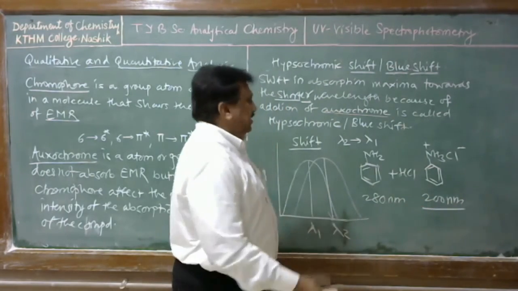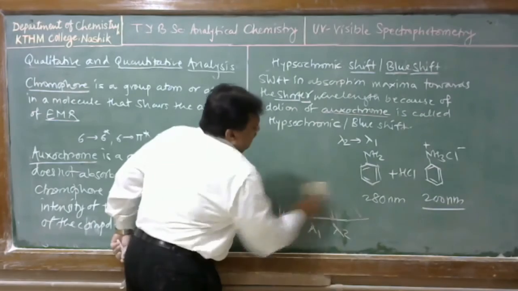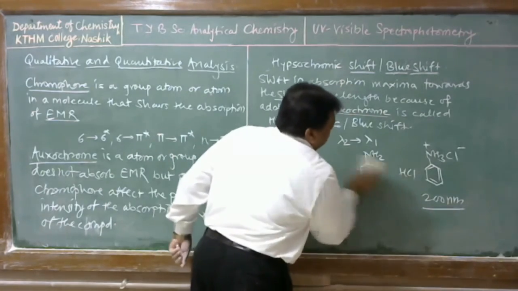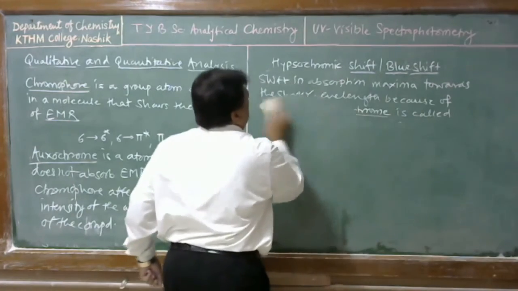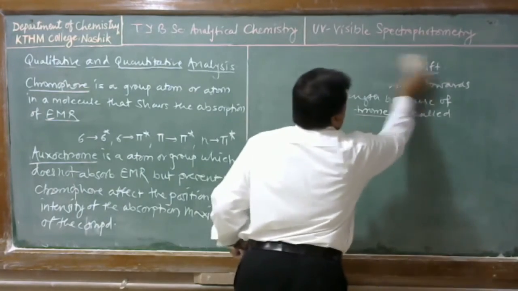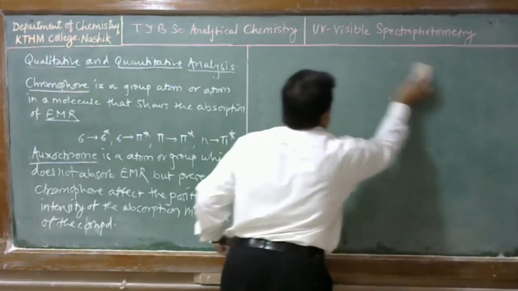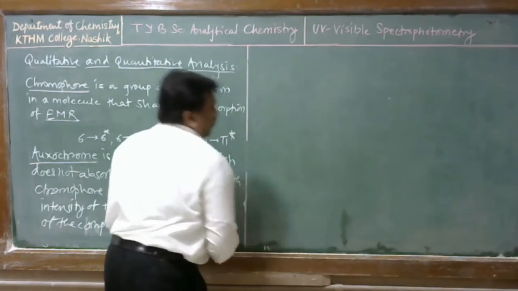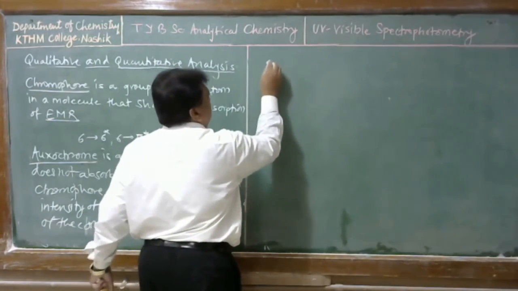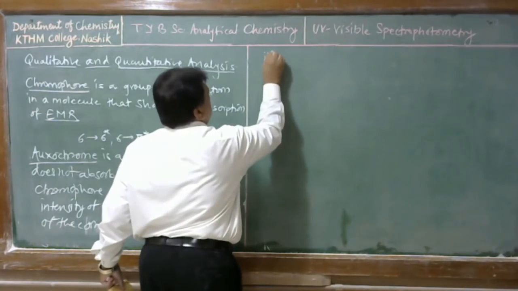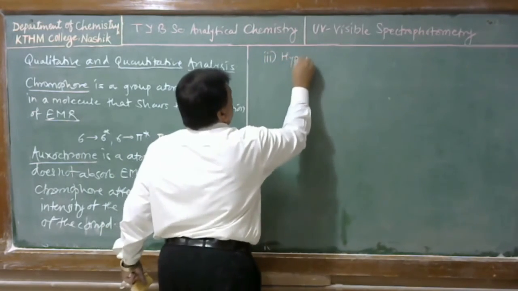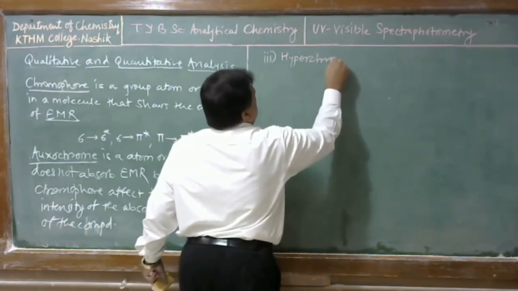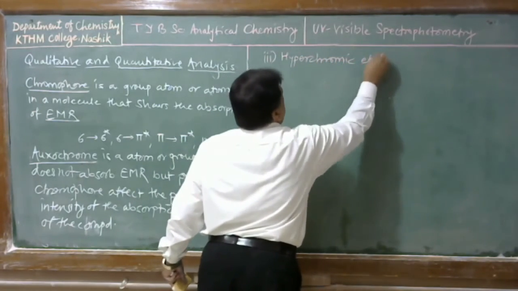Now we discuss the next type of effect. With the bathochromic shift and hypsochromic shift, another two effects are observed when an oxochrome is added into the chromophoric group. The third effect is called the hyperchromic effect.